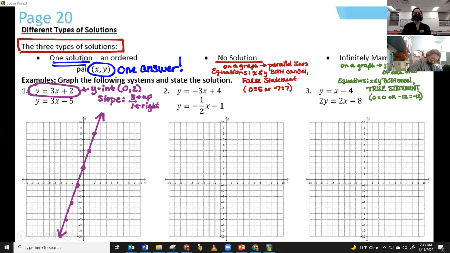Where does my first point on the second line go? I'm going to do this one, I think, in light blue. Where's my first point go here? Negative 5. So this one has a y-intercept of 0, negative 5. And what is our slope?